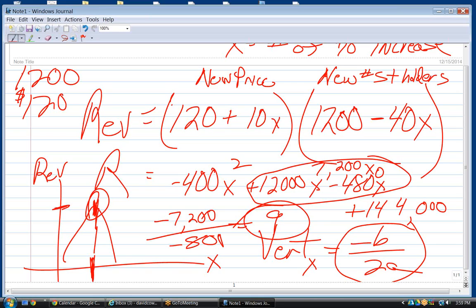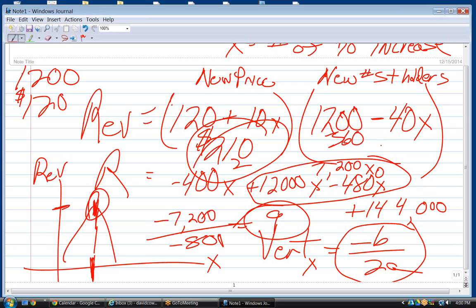That's more than what they had to begin with. It's also more than what we would get with an x of 1. So they're saying that if x is 9, the new price is $210 per ticket. And they're going to lose 360 season ticket holders.